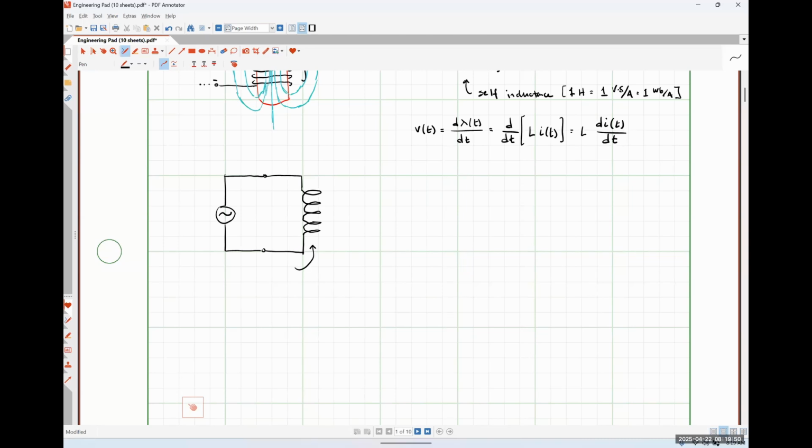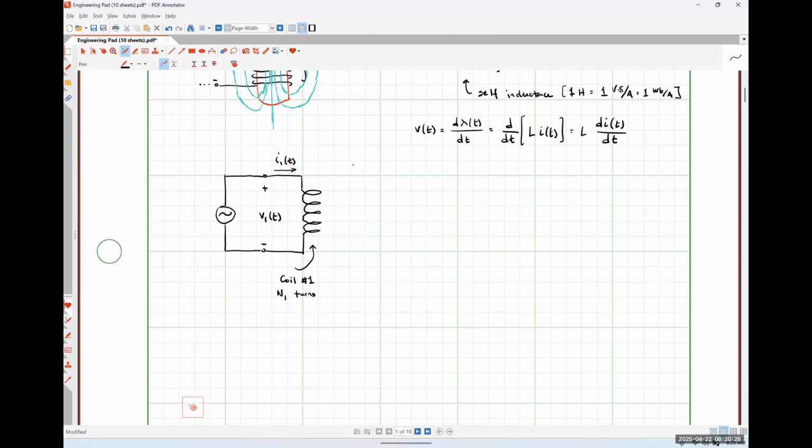I'm going to call this guy coil number 1, and it has N1 turns. And because our coil is electrically excited, we are going to observe that some current I1 of t flows through the coil and some voltage V1 of t appears across our coil. Okay.